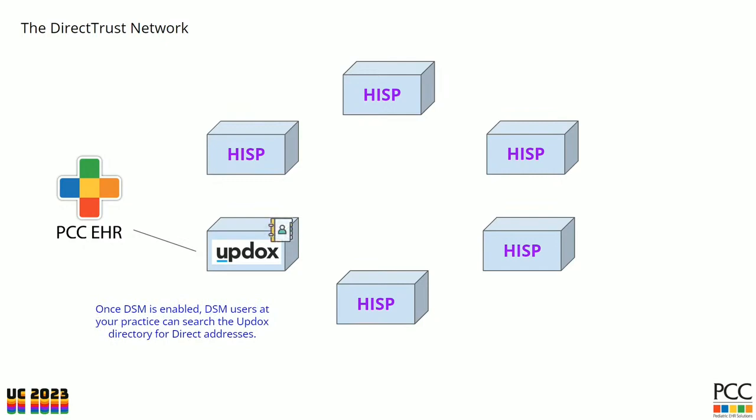And the UpDocs directory contains contacts and their direct addresses, which you need to send a direct secure message. You need the address. All the other HISPs also have directories containing their clients' contact information and direct addresses.